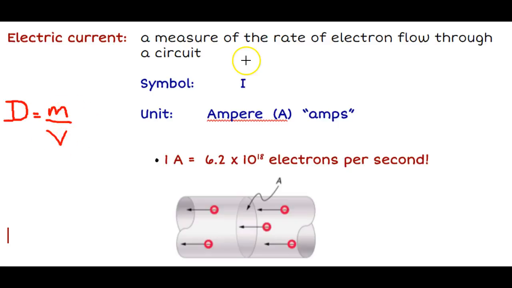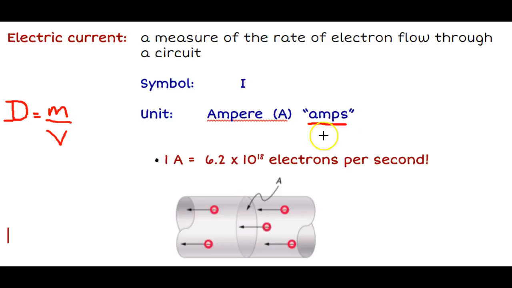So if we were looking at an equation that involved current, the symbol for current in the equation would be I. Why? I don't know, but it is what it is. Now, the unit of measurement that we use to measure current is called the ampere, and it has the symbol A. Some of you may recognize the word amps, and that's really just a short form for the unit of measurement for current, which is the ampere.